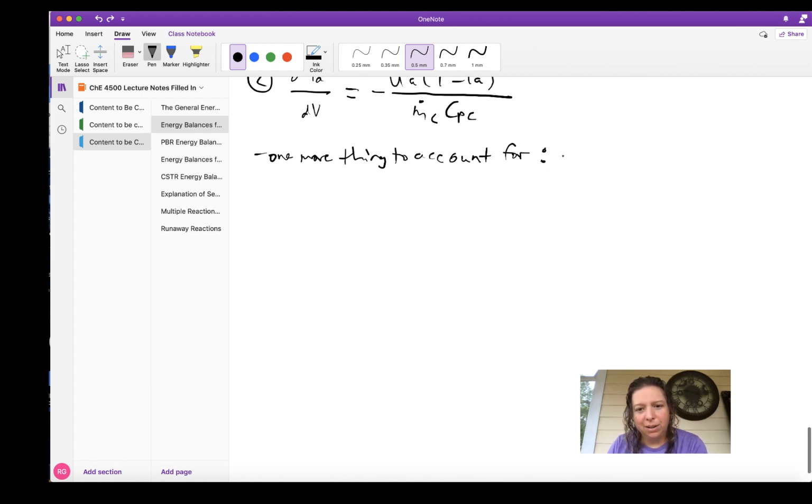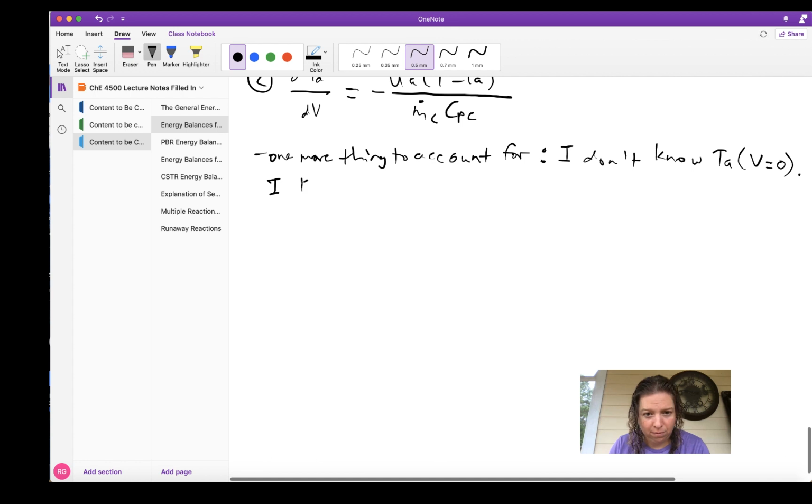But anyways, I need to account for one thing. I don't know TA at V equals 0. I know TA at V equals V. So I don't have an initial condition.